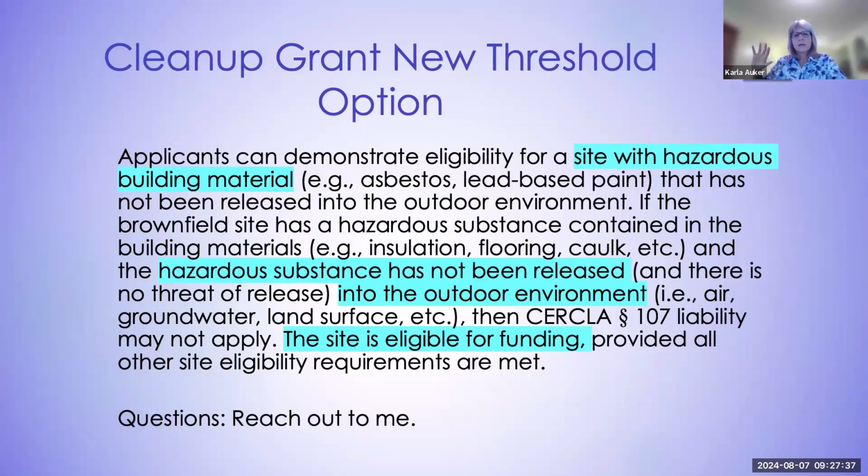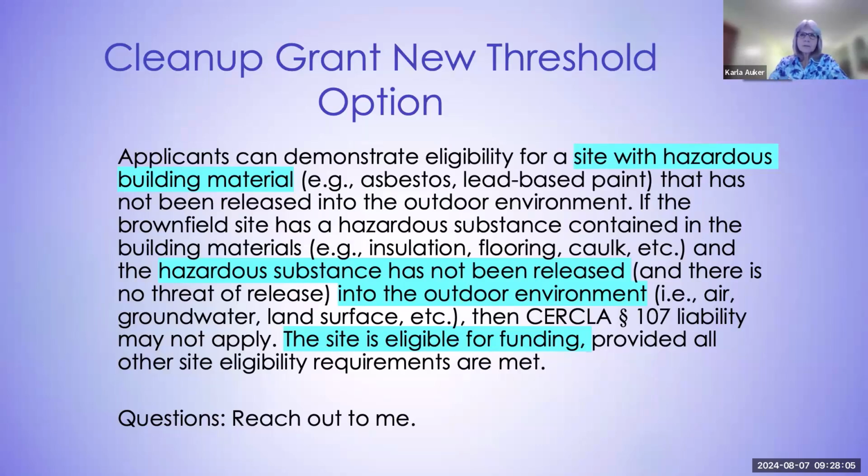universal waste cleanups. For those cleanups, if there's not been a release to the environment, it's always been that CERCLA 107 liability doesn't apply, because to be considered a potentially responsible party under CERCLA, that waste that's in the building has to have been released to the outside environment.